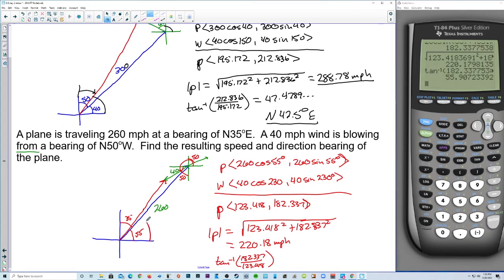So 55.9, but we want this one right there. We want the bearing. Now we know that this is going to the northeast, and we can take 90 minus this value, and we get 34.1. So let's go 34.1 degrees.